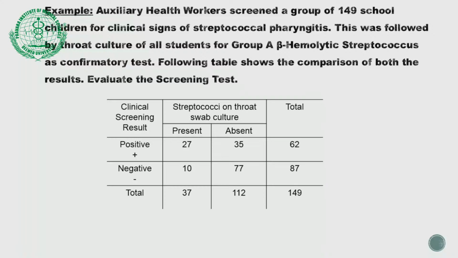This was followed by throat culture of all students for group A beta hemolytic streptococcus as confirmatory test. The following table is a 2 by 2 table which shows the comparison. Now you have to calculate the sensitivity, specificity, positive predictive value and negative predictive value of this example.